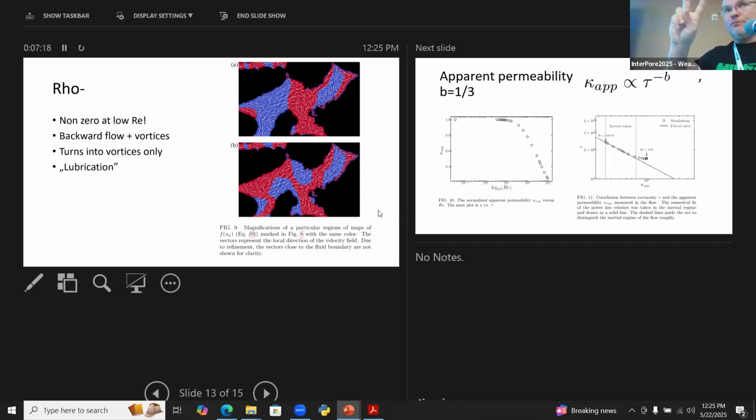And there are two mechanisms. One of them is the geometry-driven negative direction, and the other is the appearance of vortices. So again, two mechanisms. If you increase the Reynolds number, you see more vortices appearing at the pore scale, and also that the preferential paths are changing. And these two physical mechanisms are of our interest to quantify.